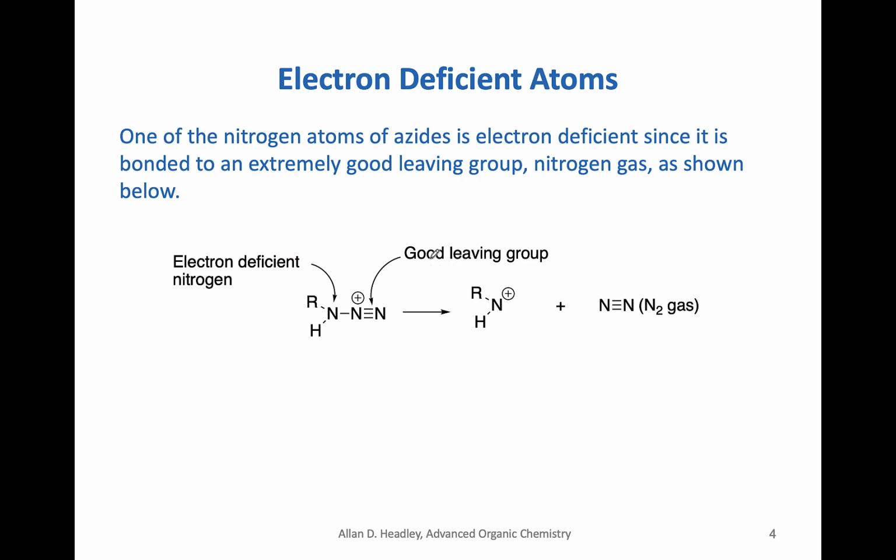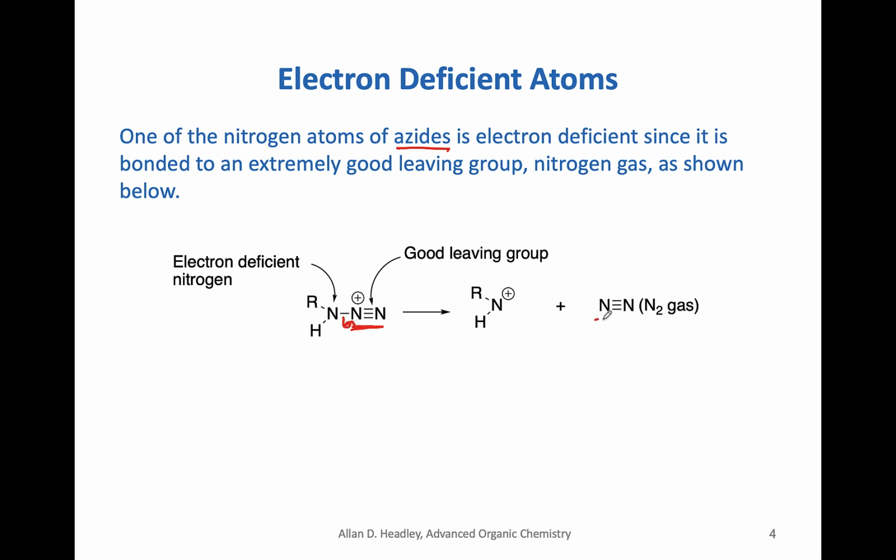Let's look at another example here. These type of molecules are called azides. It's a nitrogen that has R groups or H's, and it's bonded to another nitrogen and a third. As you can see here, this looks like it could be nitrogen gas if these electrons came over.